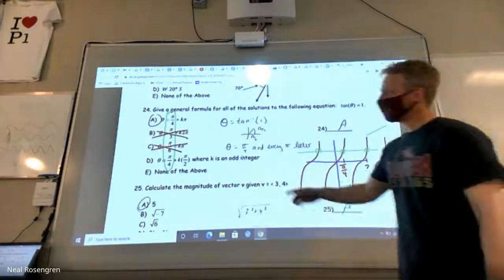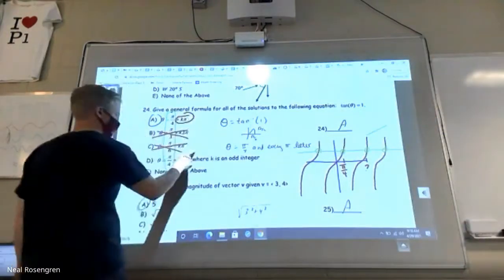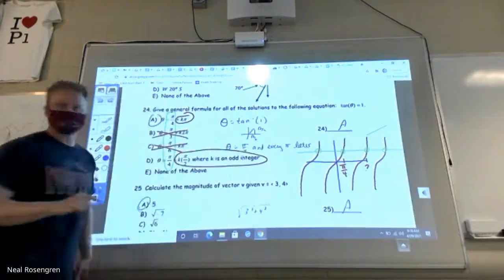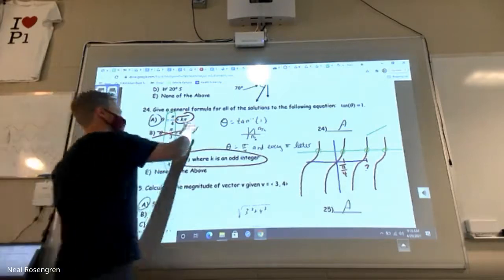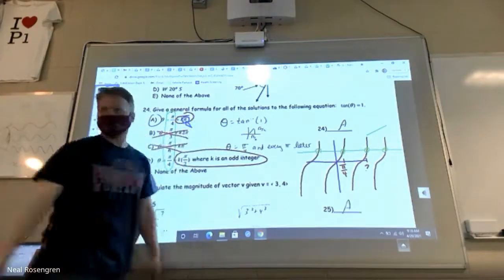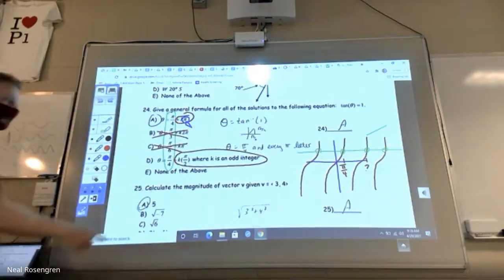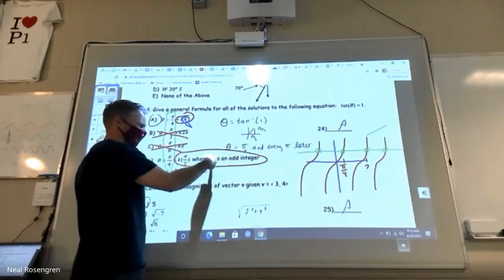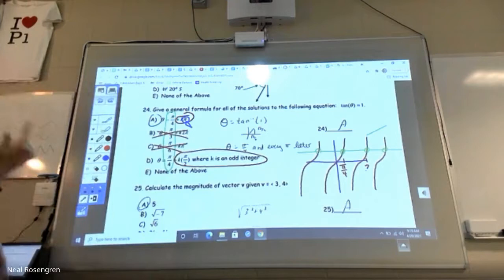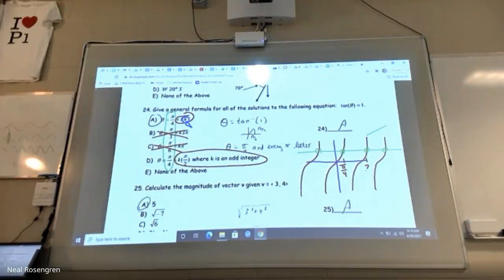And that's all that this represents, which is the correct period for our function. And for tangent, the period of tangent is pi. It is not k pi over 2, or k an odd integer, so pi over 2, 3 pi over 2, 5 pi over 2. So I don't have to do that.